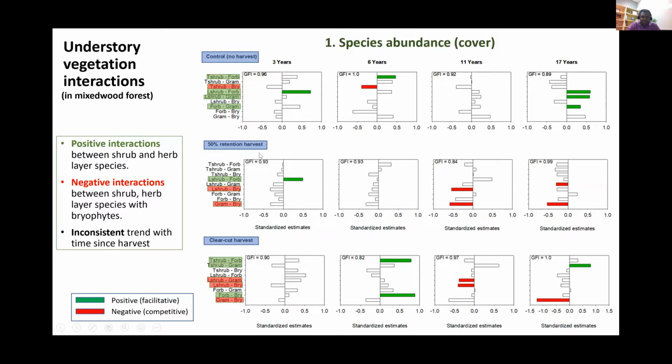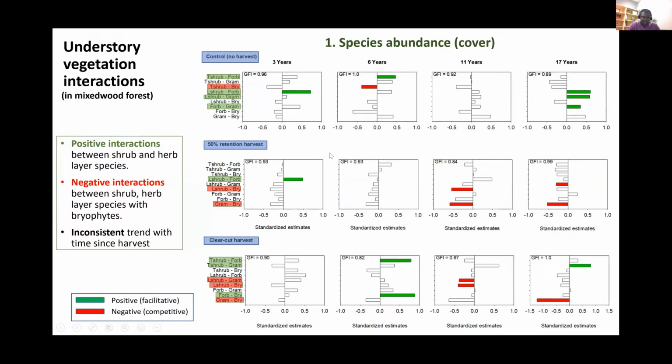I'm contrasting the control, the 50% retention, and the clear cut. Now, the ones shaded in green are the positive interactions, suggestive of facilitation, and the ones shaded in red are the negative interactions, or the competitive interactions.